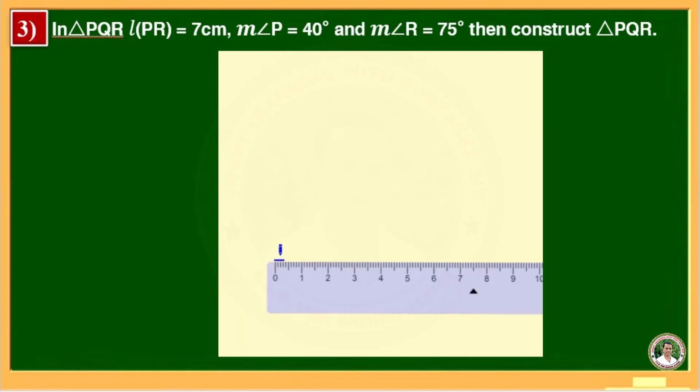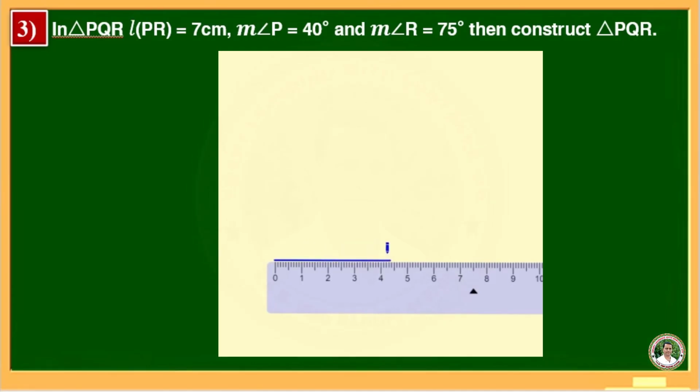In the third question, we want to construct triangle PQR. In this triangle, one side and two angles are given. That side is a base of the triangle, that is PR.